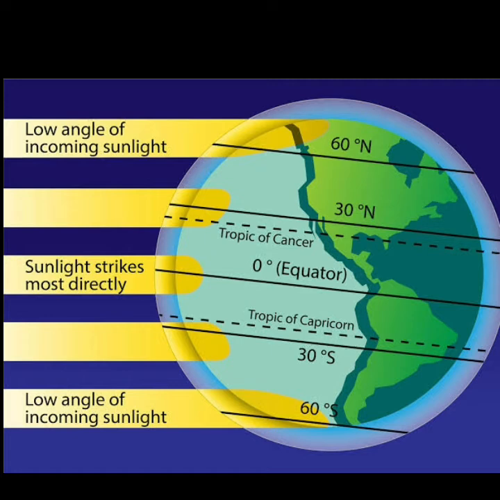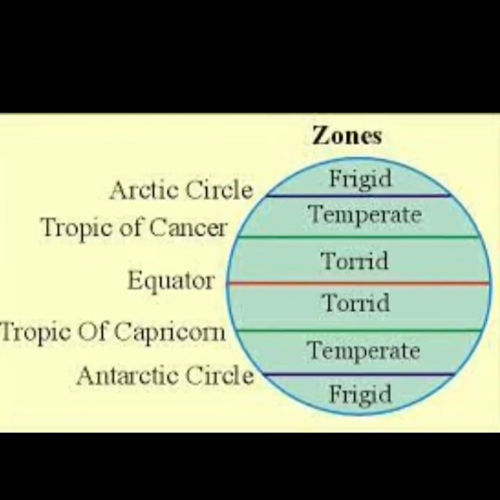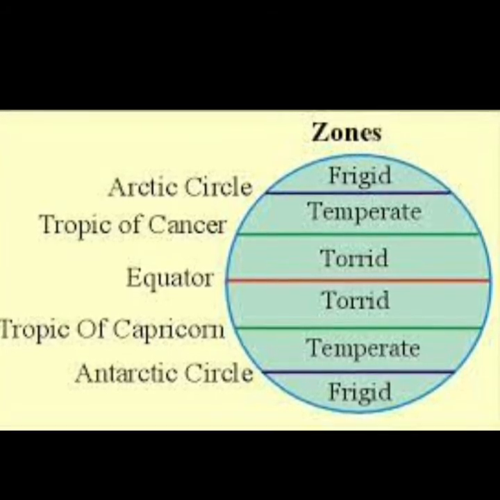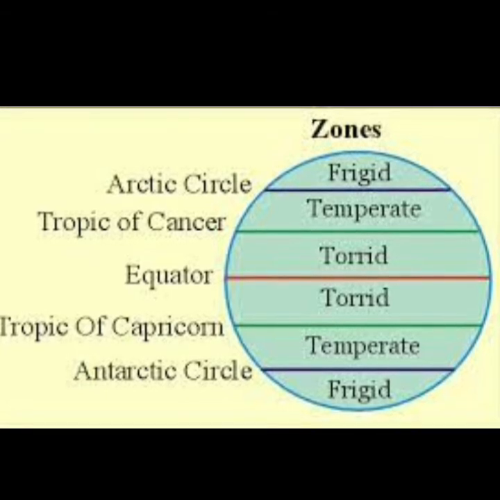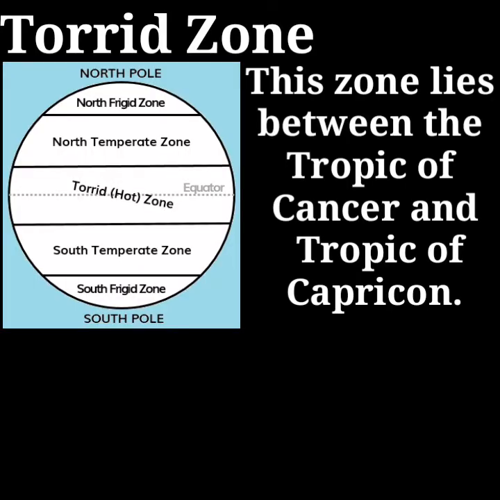Therefore, there are 3 main heat zones: torrid zone, temperate zone, frigid zone. First, torrid zone. Torrid means hot.